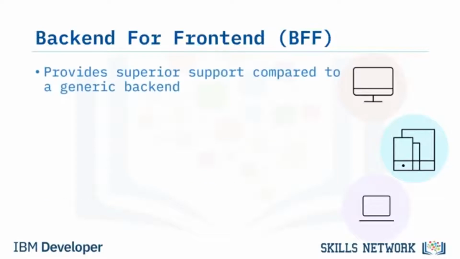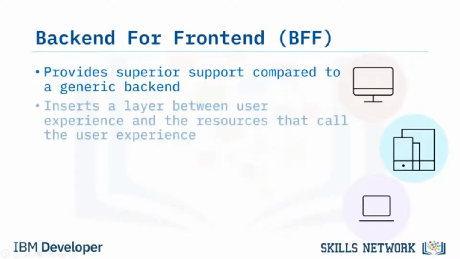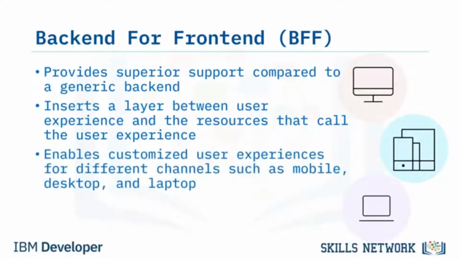While a single-page application works well for a single-channel user experience, a single-page application pattern delivers poor results across user experiences across different channels, like mobile and web. A back-end for front-end pattern inserts a layer between the user experience and the resources that the experience calls on. For example, an app used on a desktop will have a different screen size, display, and performance limits than a mobile device.